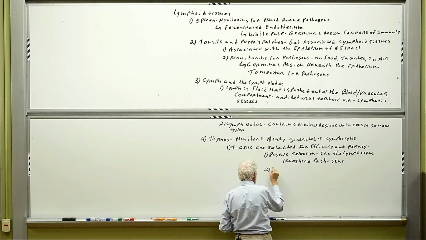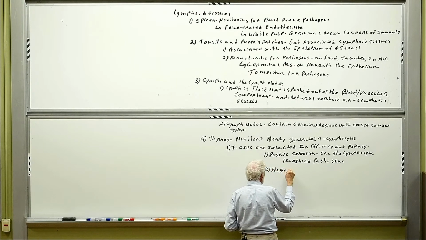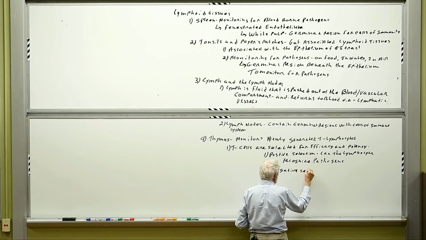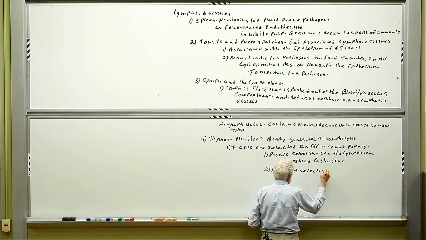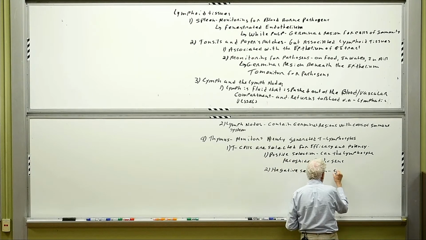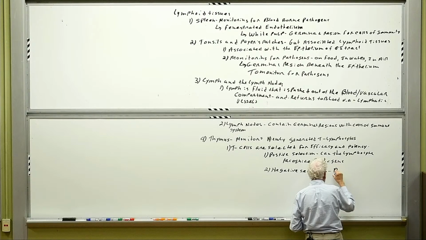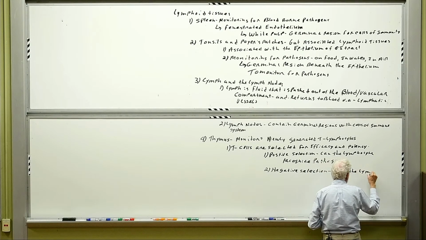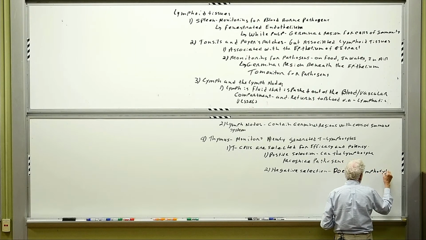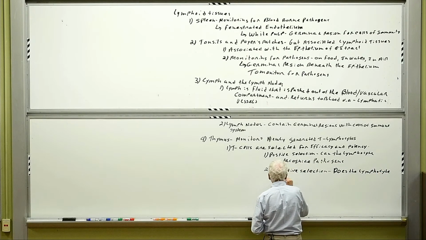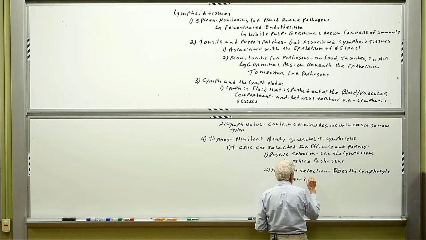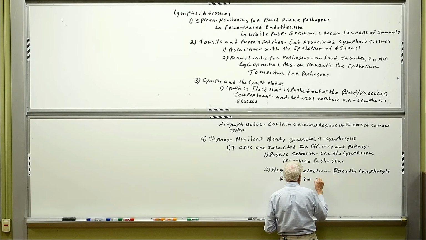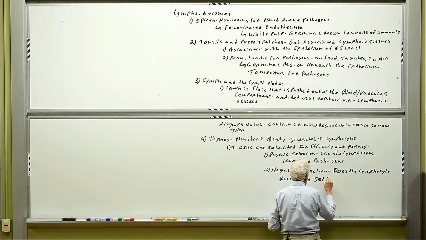But the negative selection is basically can or does the lymphocyte recognize self-proteins.